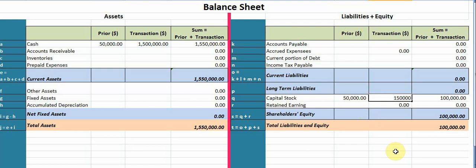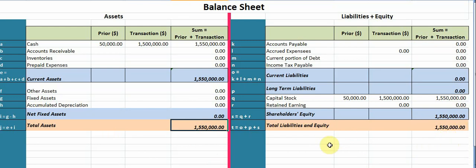So I'm making an entry over here. So this is $1.5 million. So total capital stock is $1.55 million, which is the shareholders' equity, and total liability plus equity is $1.55 million, which is equal to the total assets. That means my balance sheet is fully balanced.